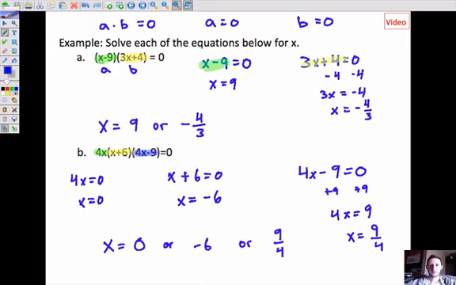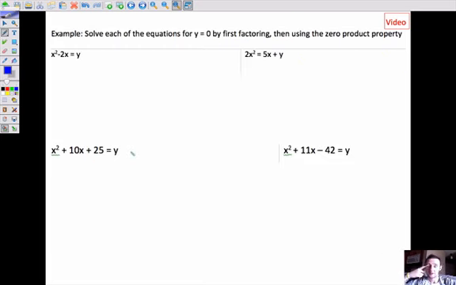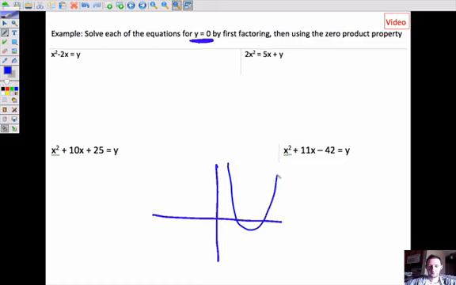The reason that we've been talking about all this 0 stuff, if you look at the next part, it says solve it for when y equals 0. Remember we talked about the graph: on the graph of a parabola, when y equals 0, it gives us the x-intercepts. We also call these the roots.